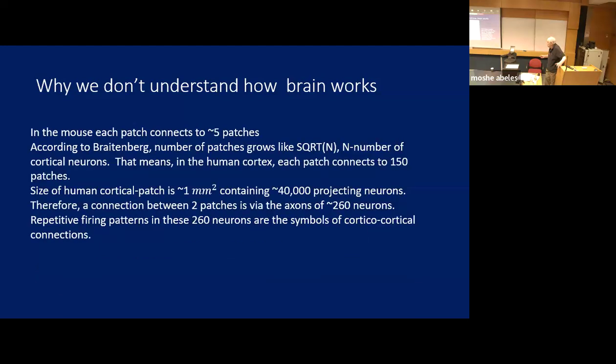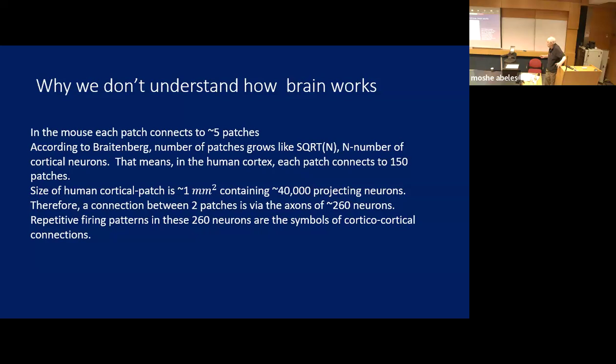So here's an argument. In the mouse, this can be really measured. Almut Schüz measured it and found that usually each point is connected to 5 cortical patches. Now, Valentino Braitenberg speculated that the number of patches would grow like the square root of the number of neurons in the cortex.